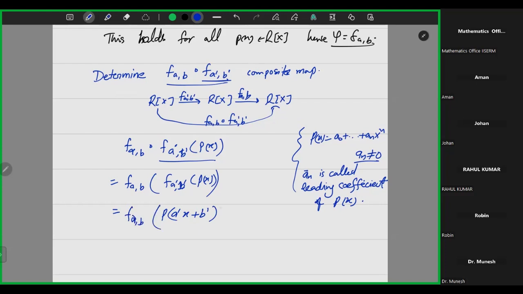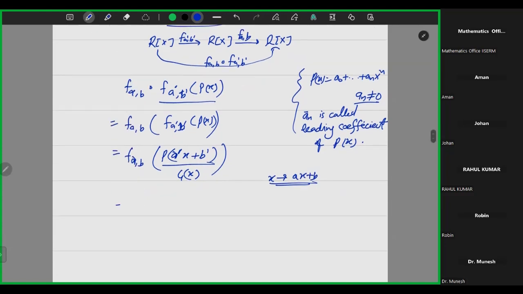This is some new polynomial, where on p(x) we have replaced x by a'x plus b'. This is something, let's say g(x). Now here we want to replace x by ax plus b in this step.